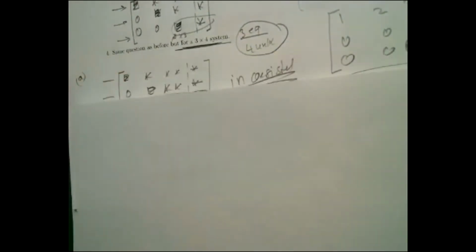Is it possible to have only one solution? That's the question. Suppose you have a 3x4 system. It means I have 3 equations and 4 unknowns. And if the system is consistent, so I'm not having a problem with that, can the solution be unique?